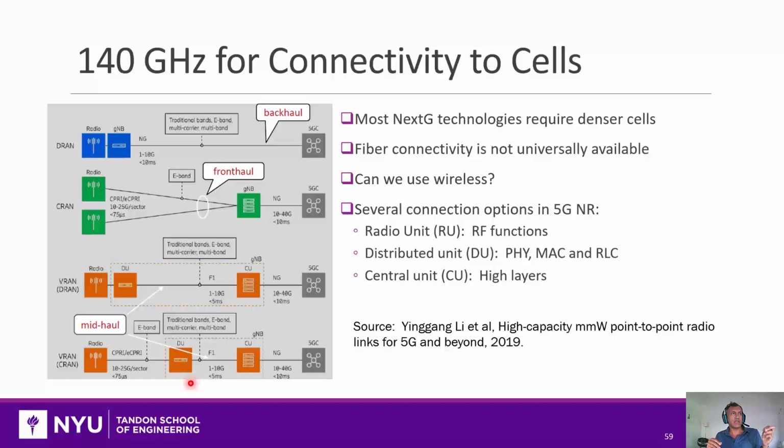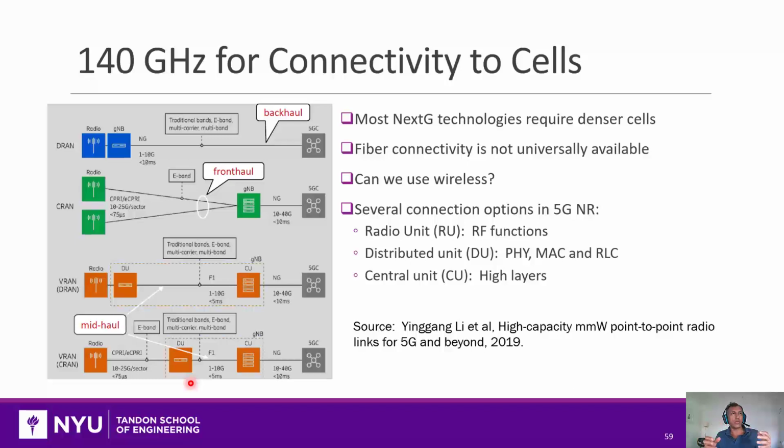But at least for the fiber connectivity, when that's not possible, you might want to envision using wireless. And at this point, because this is a point-to-point link, maybe a 140 gigahertz or higher frequency terahertz link might be useful.